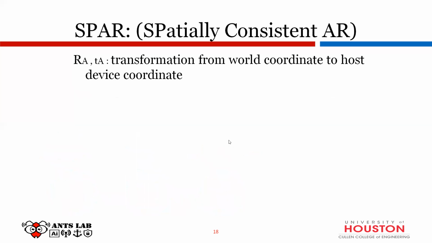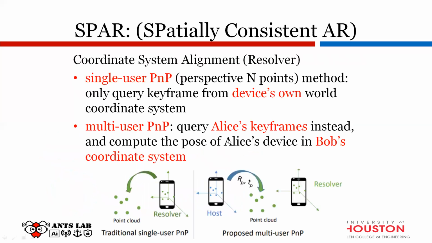That leads to the one we mentioned about multi-user PnP. Usually you get it using the keyframe from the same device, right? But in multi-user, we can use Alice's keyframes instead, and we can compute the pose of Alice's device in Bob's coordinate system.